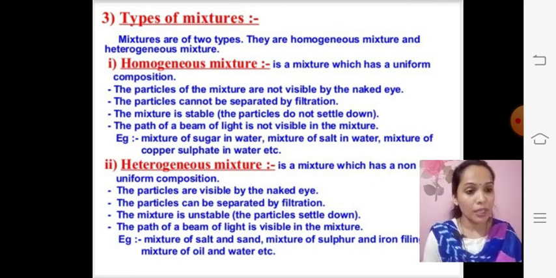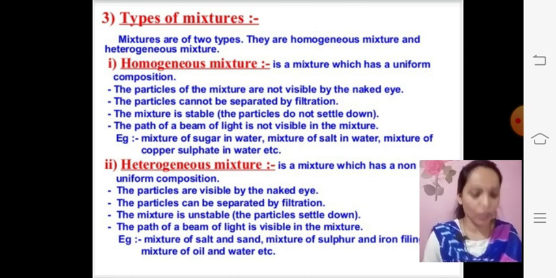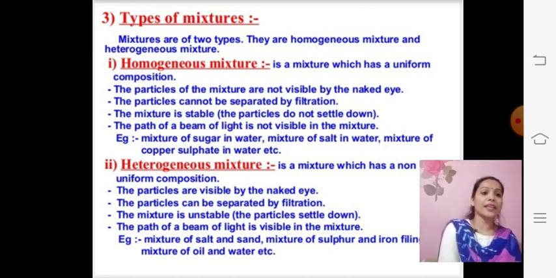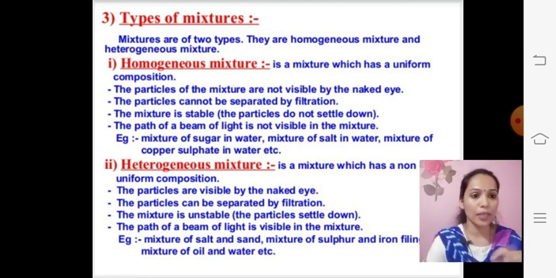Filter it, and you can see the filtrate has water in it and the residue will contain your chalk. Even tea is an example. Tea leaves can be separated from tea by using a strainer. So, you have separated the tea leaves from the tea.